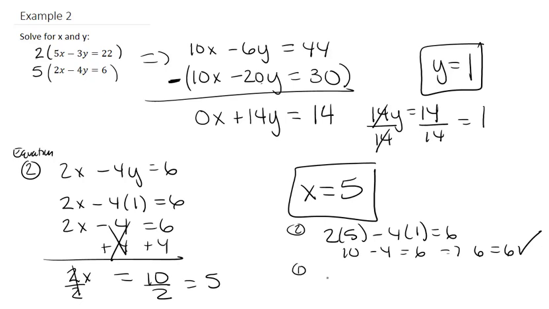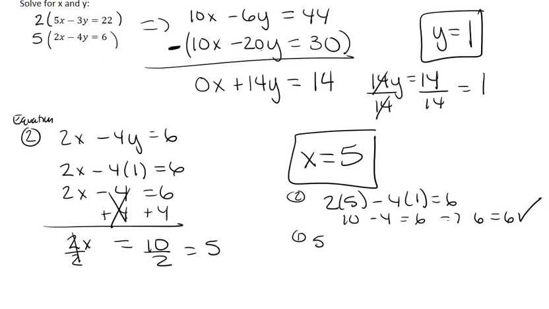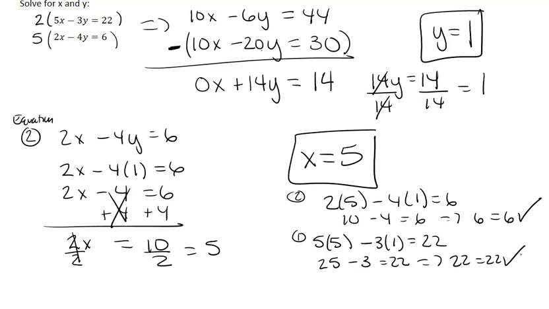So we have 5, and then we put in 5 for x, minus 3, 1 for y is equal to 22. So 5 times 5 is 25, minus 3 equals 22. So 22 is equal to 22. So this checks out. So we know we did it correct.